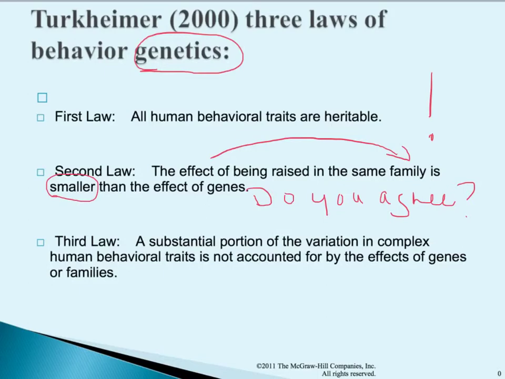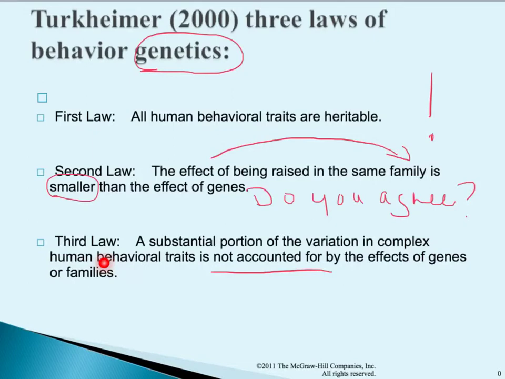Discussion point for class. Third, a substantial portion, a big part of the variation in behavior, is not accounted for by the effects of genes or families. Flip that complicated sentence over.